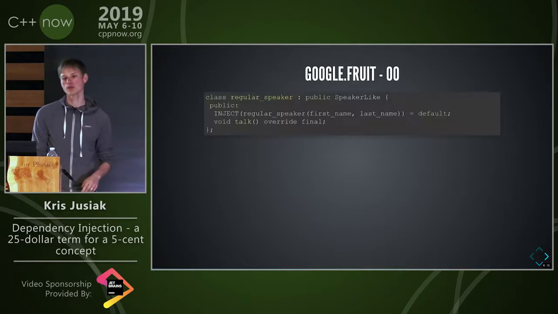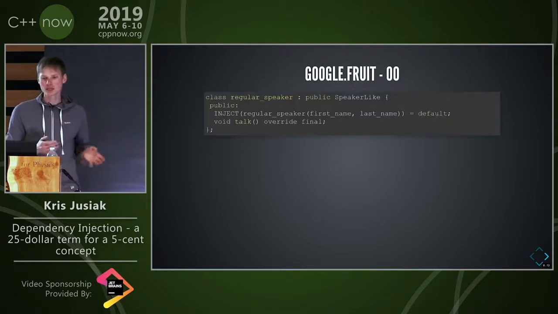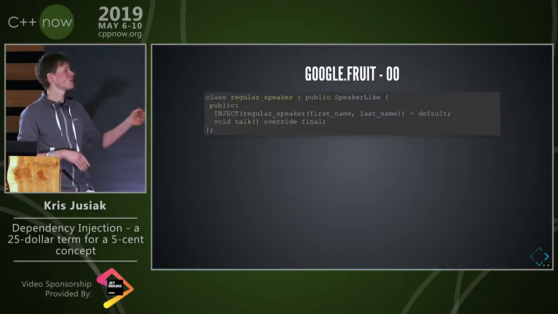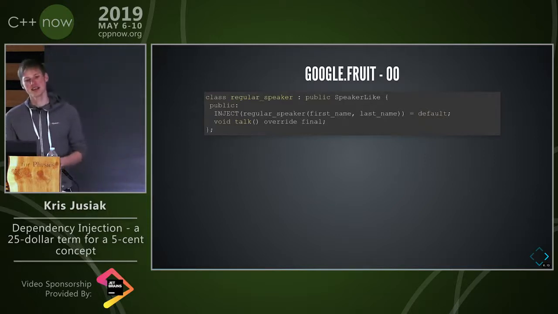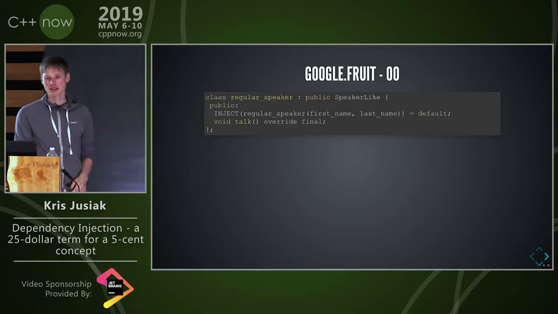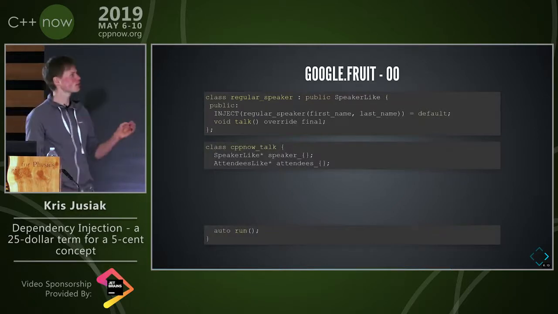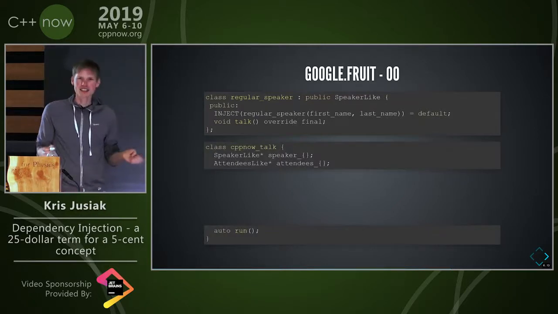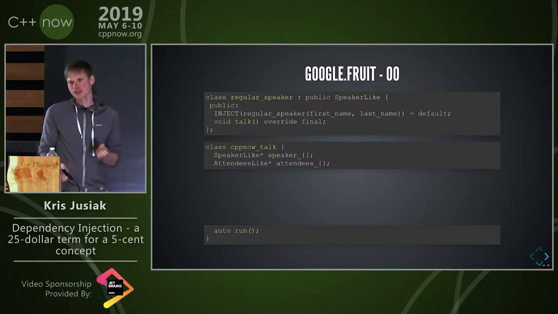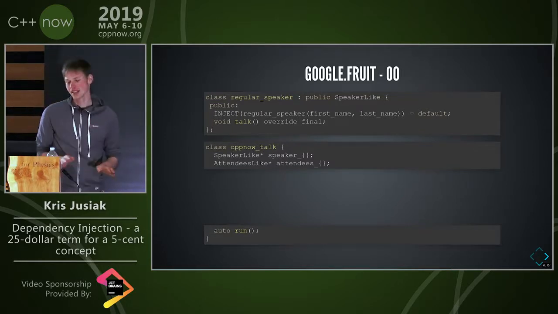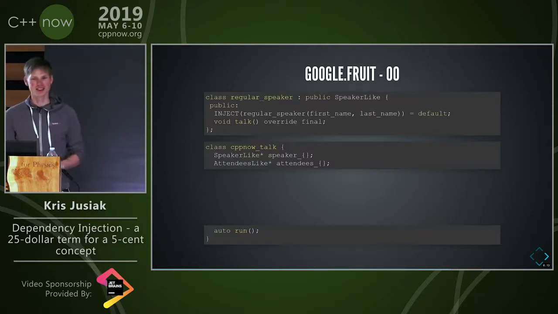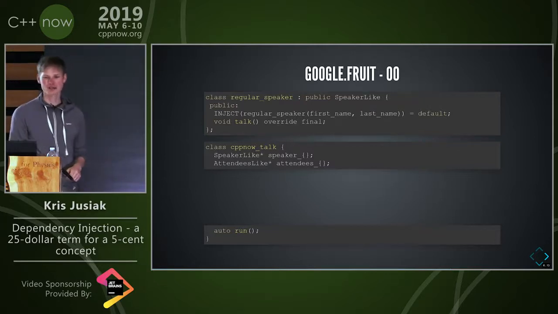So Google Fruit is very similar. It requires a macro to pass into all your constructors, which is not ideal. But well, we can deal with it, I guess. Although we have to remember that DI is about reduced coupling, but we couple ourselves to the macro. Kind of a dodgy, gray area.